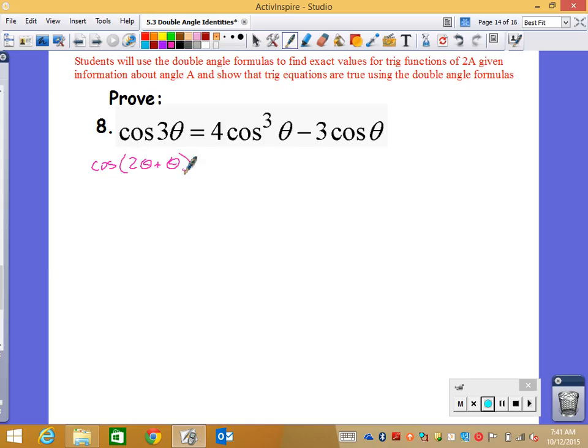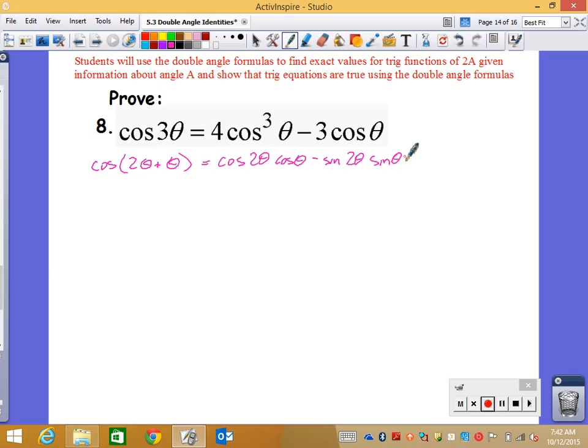So I can turn it into an angle sum identity. Using my cosine sum identity, I know that's equal to cosine of my first angle, so 2 theta, times the cosine of my second one, so theta, minus sine of 2 theta sine of theta.